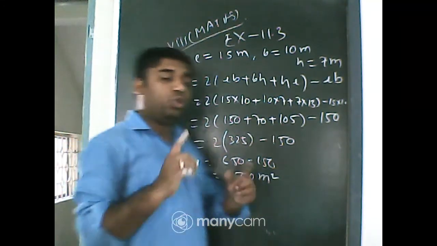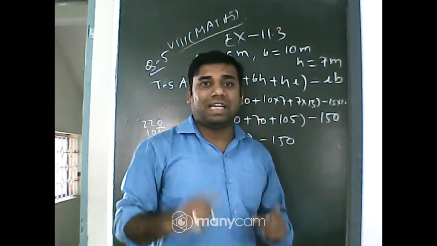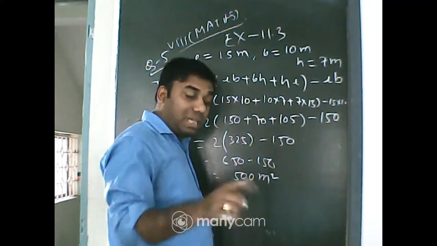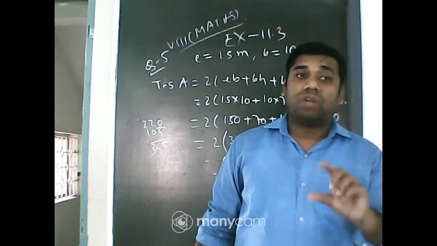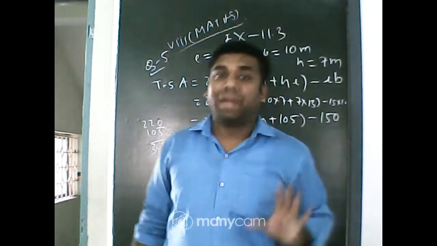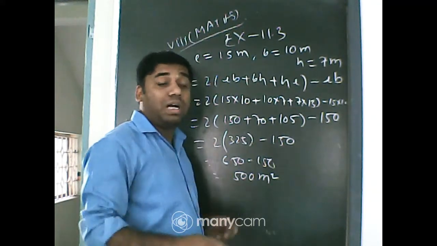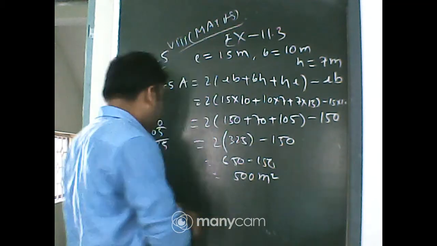To paint the ceiling as well as 4 walls, the total surface area he needs to paint is 500 meter square. Now the question is, in one can 100 meter square of area can be painted. So to paint that 500 meter square, how many cans should be needed?